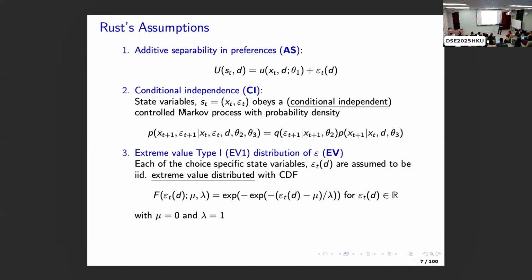Going to assume the conditional independence assumption, and Bob already talked a lot about it. It means essentially that the state transition density for the joint states x and epsilon factors into these two components.